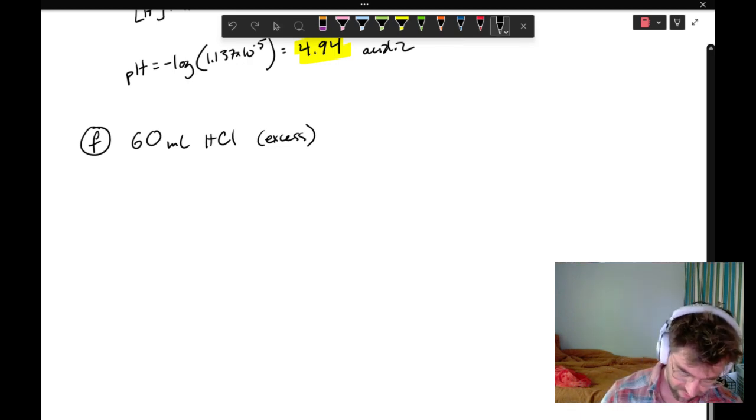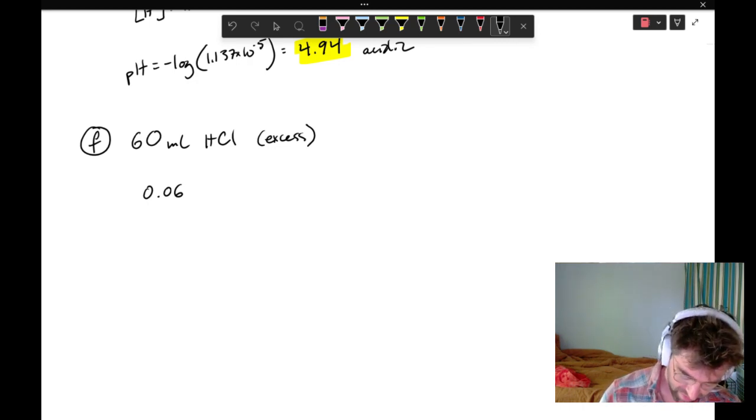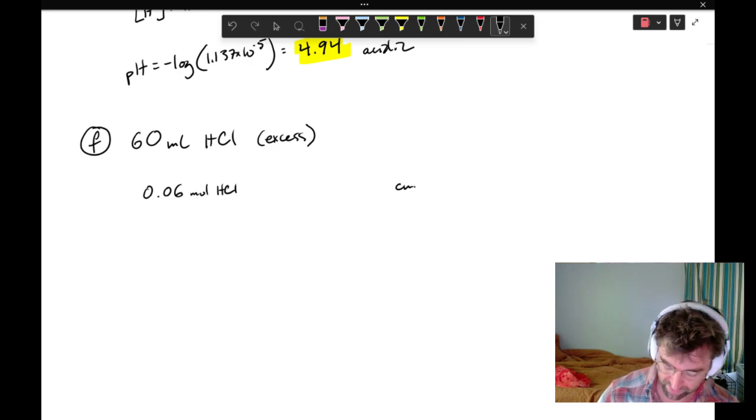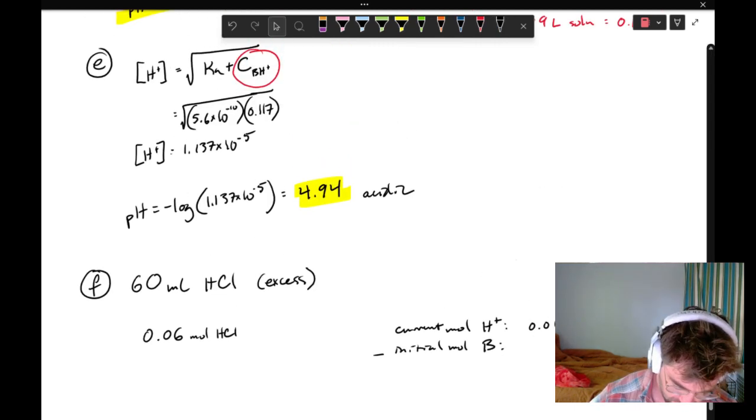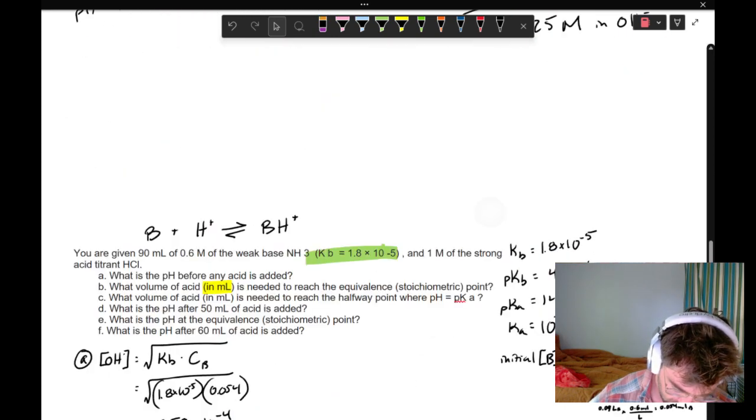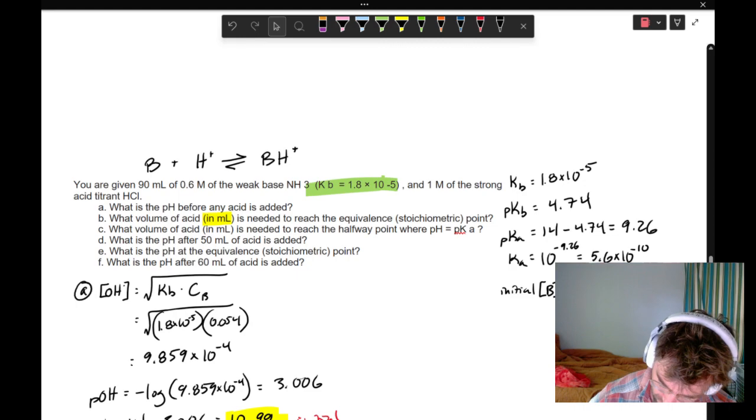So we have 0.06 times 1 moles of HCl. We know that this is in excess, so we have current moles of, this is our source of protons, is 0.06 minus our initial moles of base was 0.054.